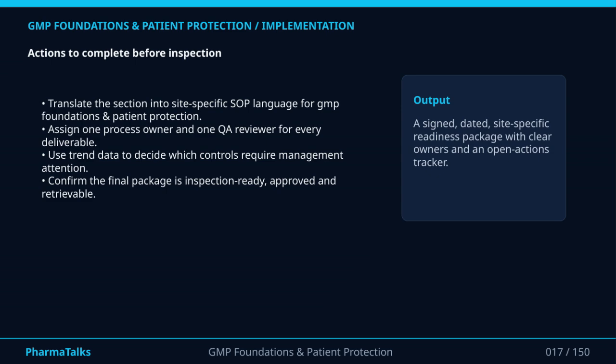Next, we assign one process owner and one quality assurance reviewer to each deliverable. This ensures accountability and quality oversight for every step. Additionally, we use trend data to identify which controls need management's attention, allowing us to focus resources where they matter most. Finally, we confirm that the entire package is inspection-ready, fully approved, and easily retrievable.